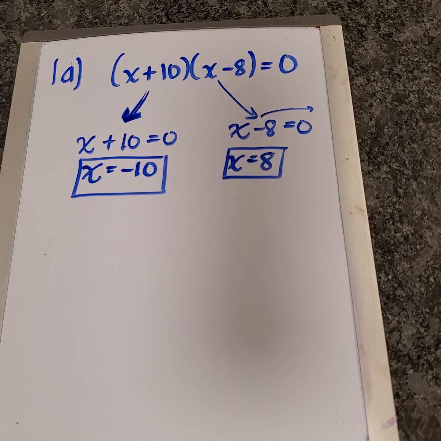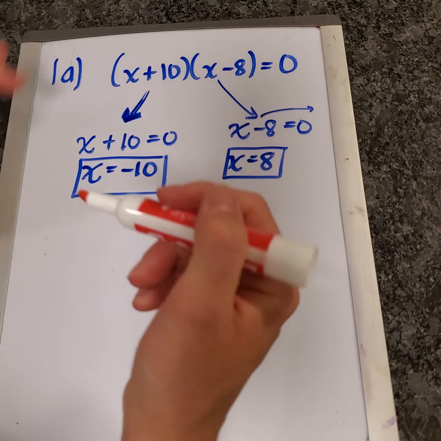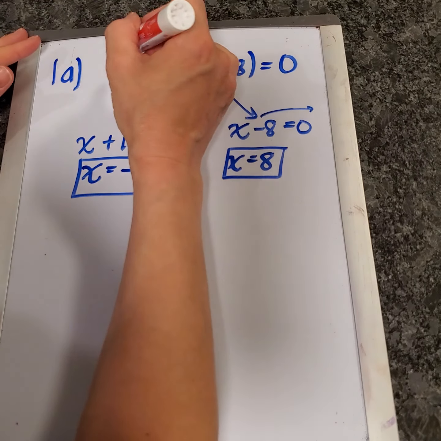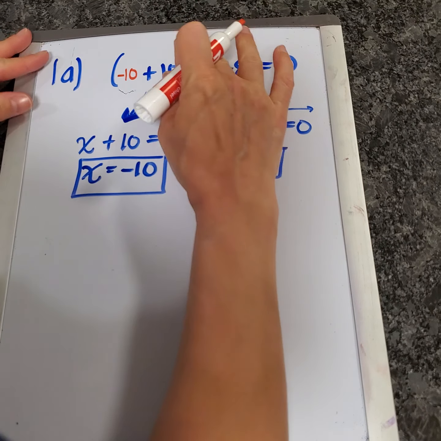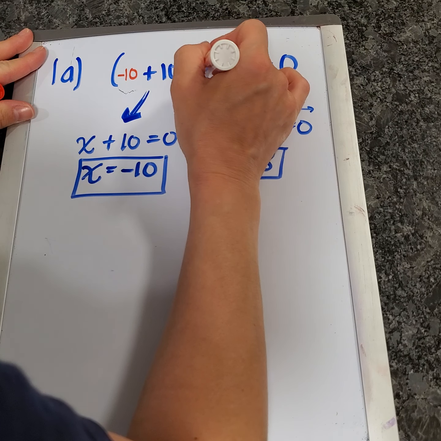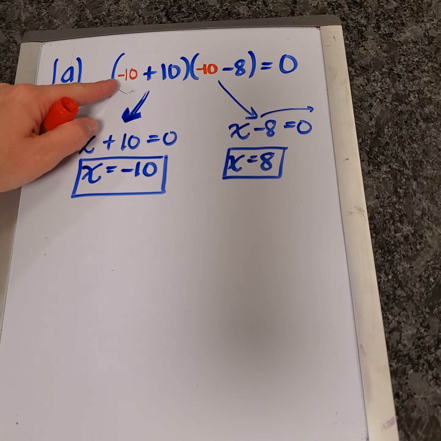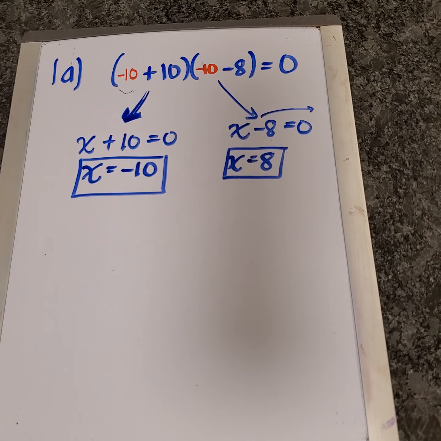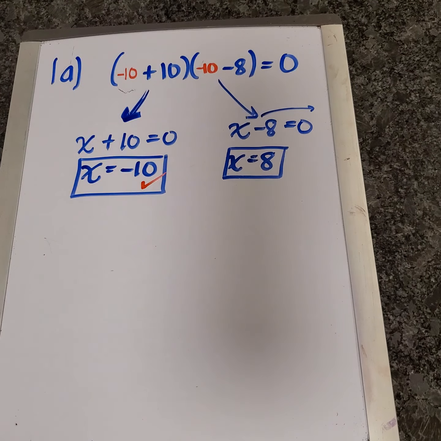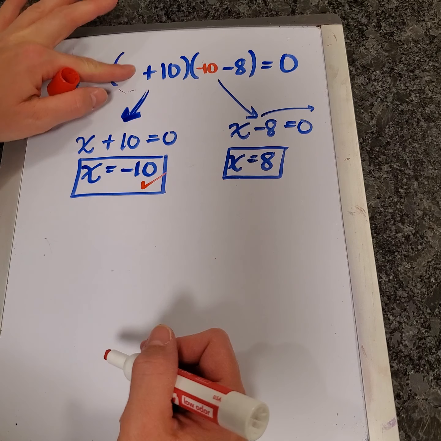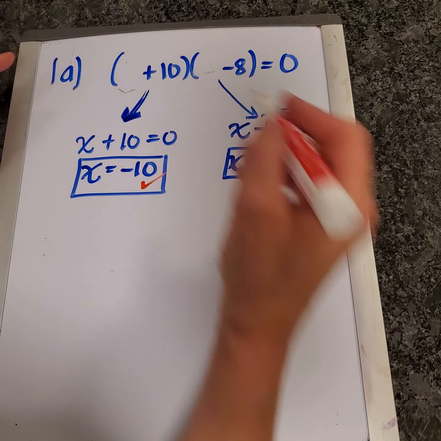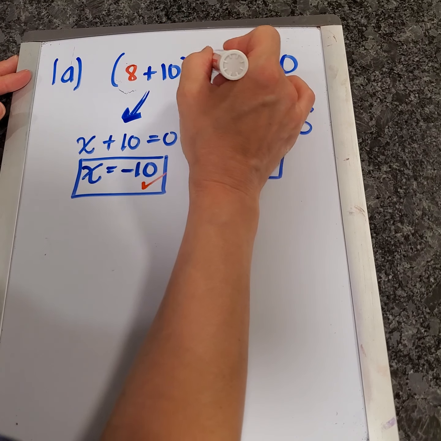Now let's check to see if that's actually true. If I plug -10 into here, I get 0 times -18, which is 0. That value of x satisfies the equation. Let's try the other one. Let's plug 8 in.